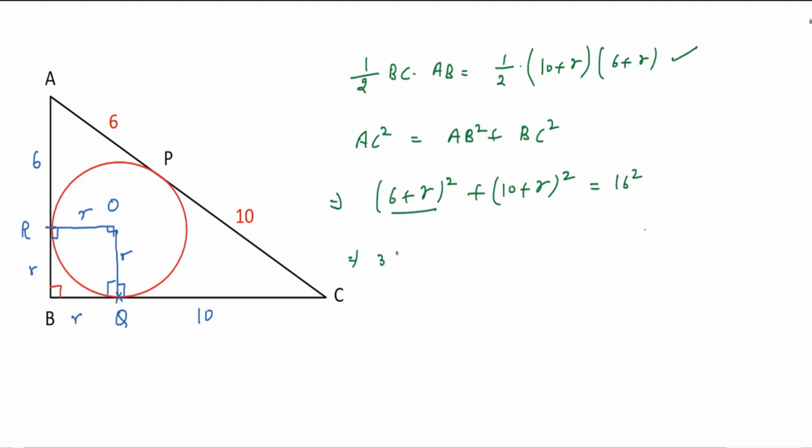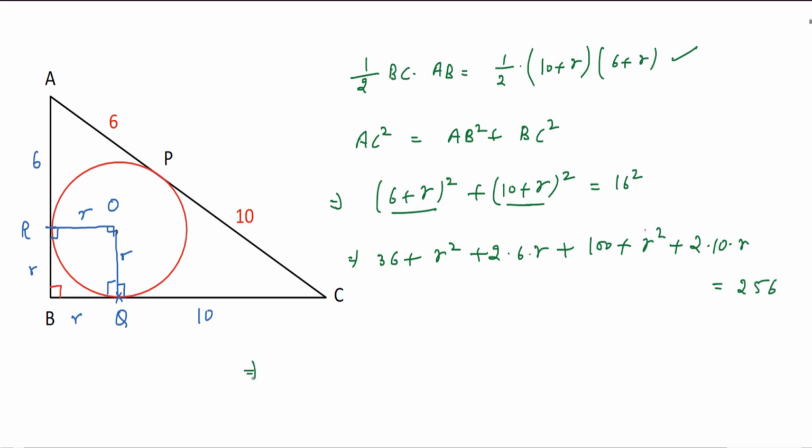It will give 36 plus r raised to 2 plus twice of 6 multiplication r. Similarly, in (10 plus r) raised to 2, we will be using the identity (a plus b) raised to 2. So it will give 100 plus r square plus twice of 10 multiplication r, and right hand side we will be having the square of 16, that will be 256.